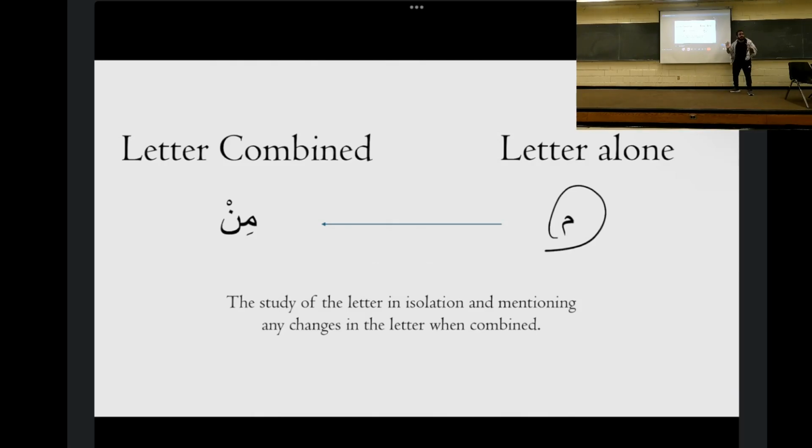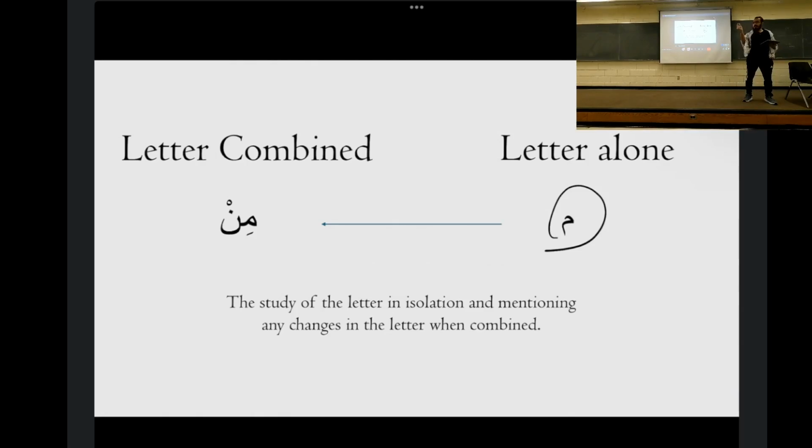I'm going to look at the letter alone, understand the letter, explain it scientifically somehow. Then I'm going to look at the letter when it's combined. After I know the letter when it's combined, then I have the full science down.